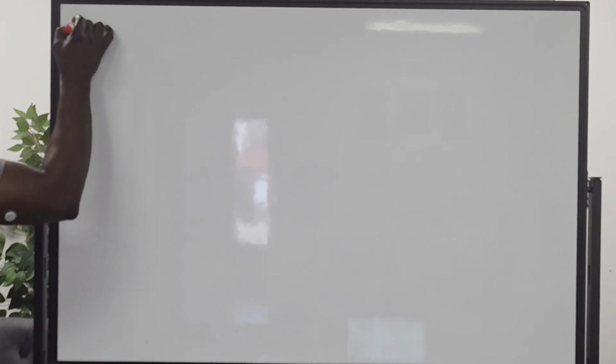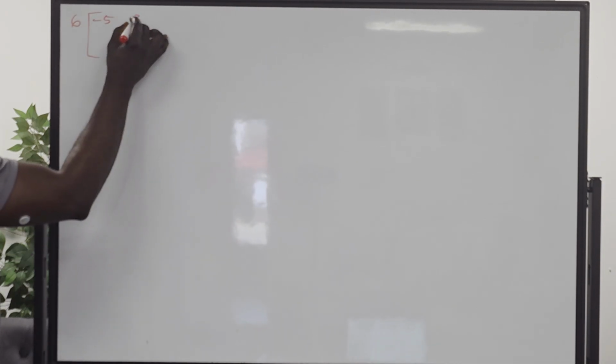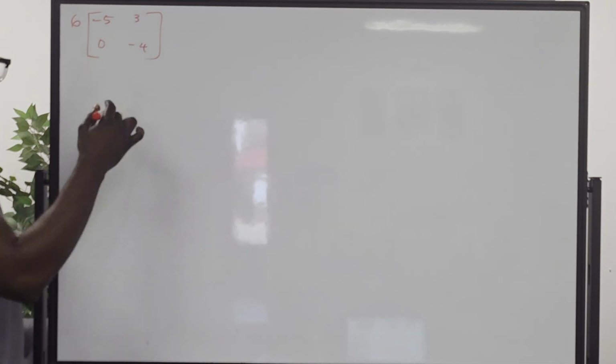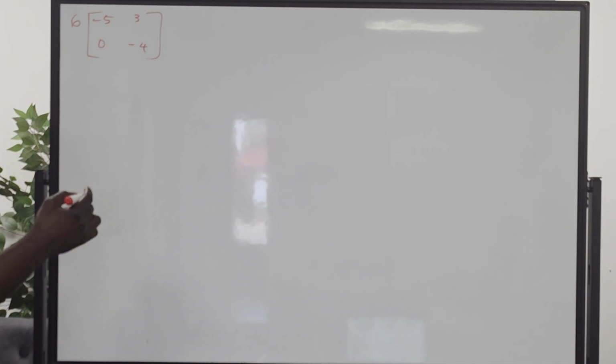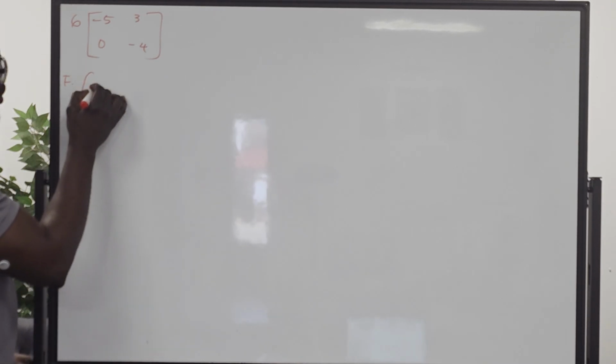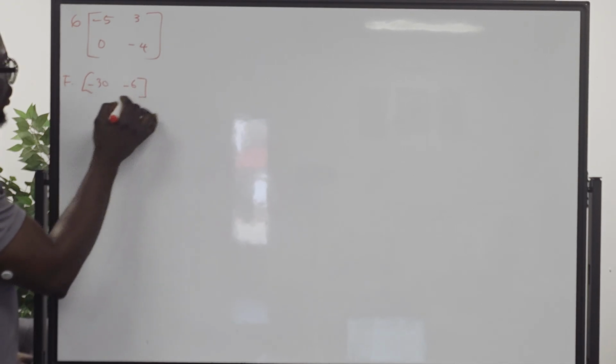Question 6 says, which of the following matrices is equal to 6 times the matrix with entries minus 5, 3, 0, minus 4? And it gave us various options. Option F is going to be minus 30, minus 6.